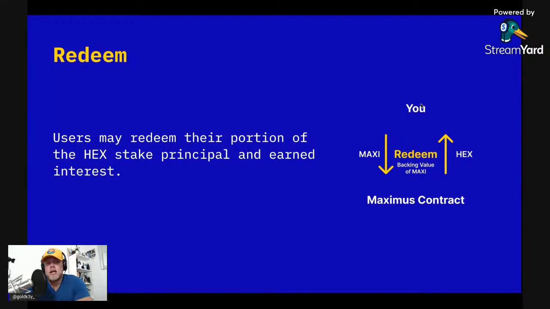What we've built in here is the ability for our community, along with the hex principal and earned interest, to redeem your portion of the Hedron pool that's been minted for this stake from the Maximus contract, which is really big. I don't know how Hedron is going to do long term, but it could be a 2x multiplier if it all works out for them, which is really, really exciting.